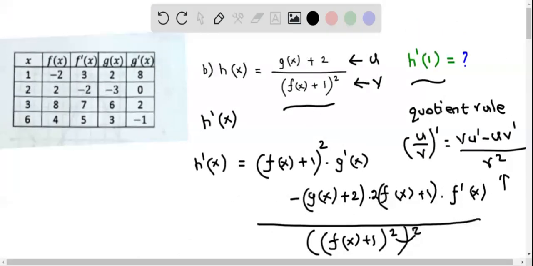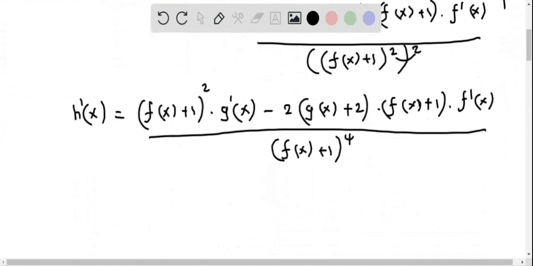Now, since we want to find h prime of 1, we can replace all x by 1 here, so that we get h prime of 1. So this equals, I'm going to replace all x by 1.